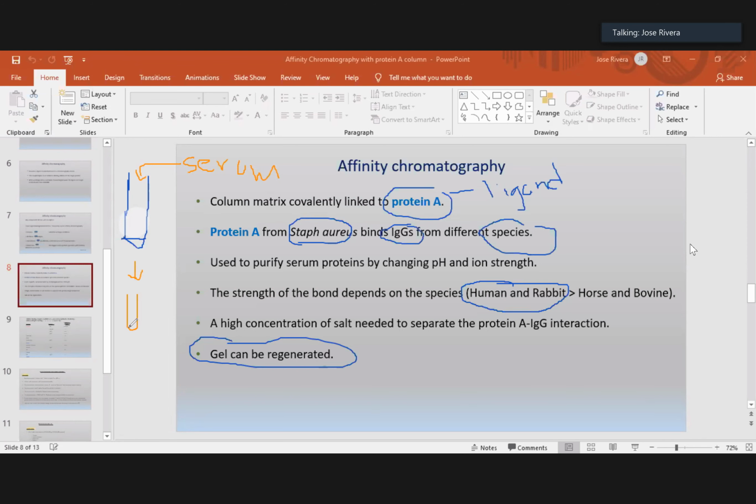In a test tube, you can collect whatever flows into here, whatever comes out, and then you put another test tube, and then you add buffer to wash everything that is in there. You keep adding buffer, and so you collect that too. So this is called the wash.